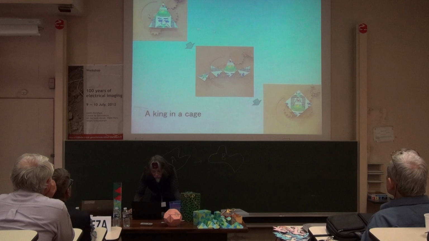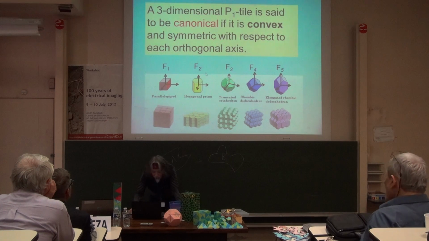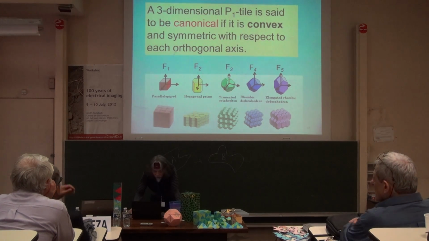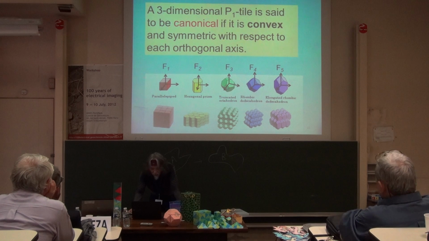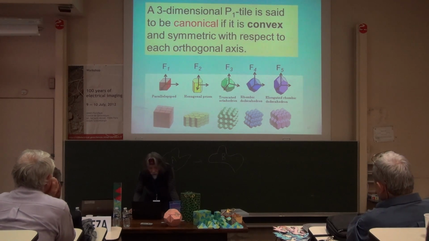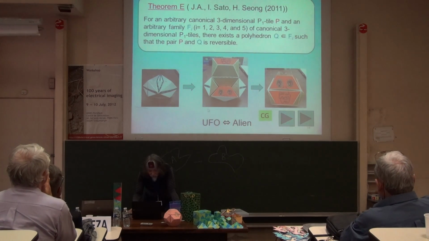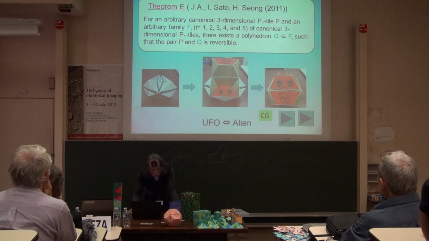So this changes to this, and this hexagon changes to this square. And the polyhedron is canonical if it is symmetric with respect to each orthogonal axis like this. And so this is a rhombic dodecahedron, change it to a truncated octahedron.